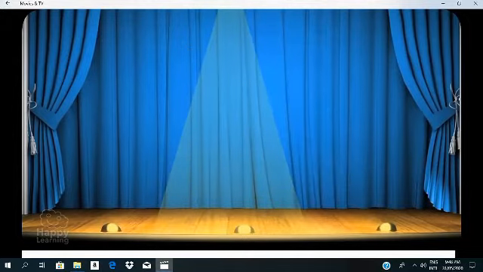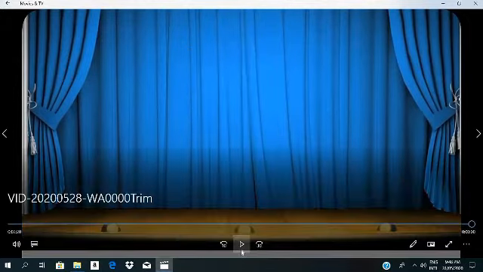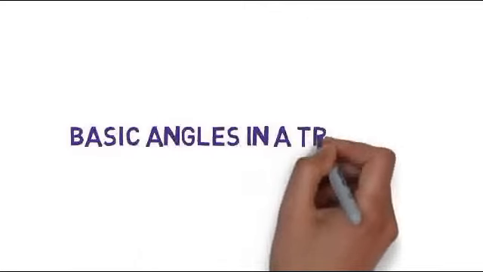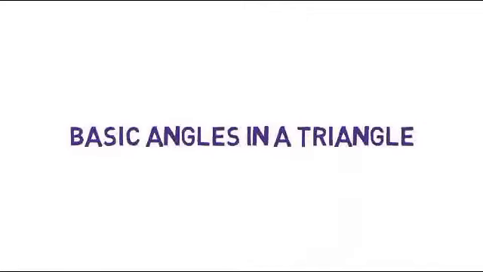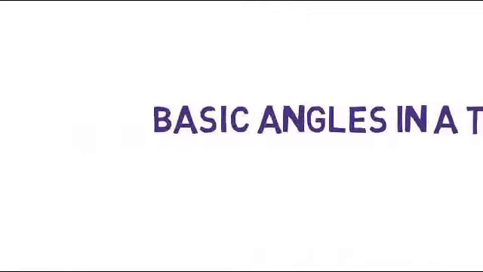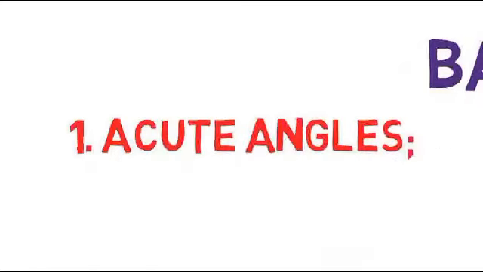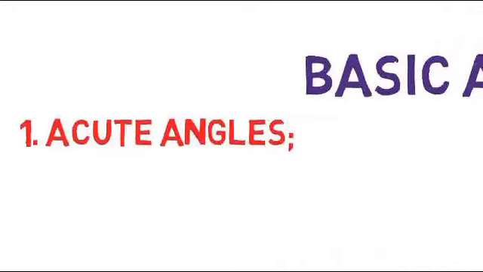I want you to write down important points as we progress. Another aspect of classification of triangles is based on the basic angles they contain. One of these basic angles is acute angles.